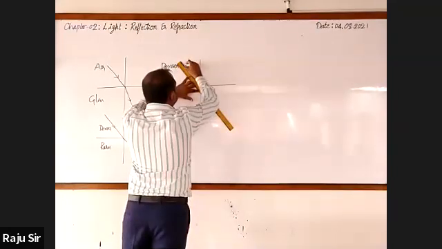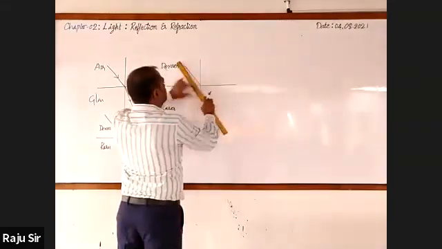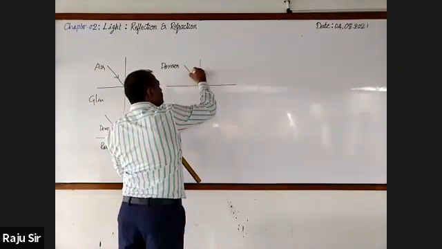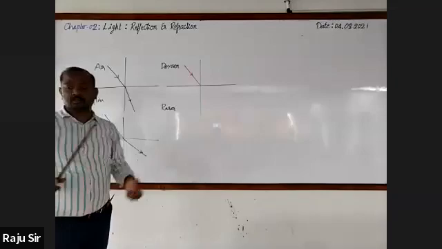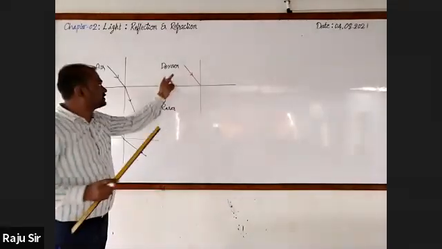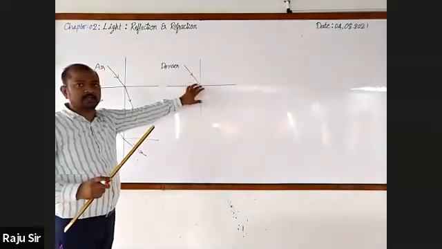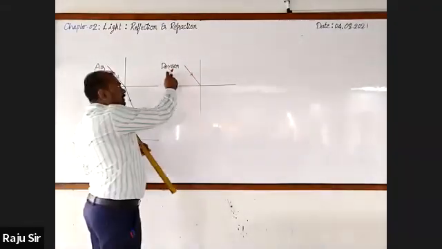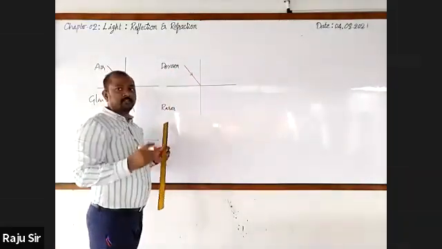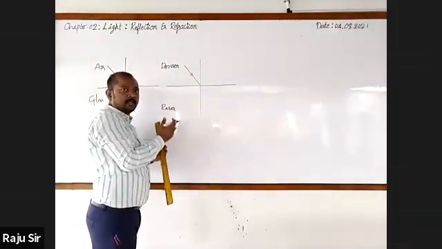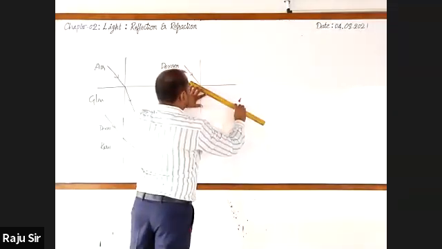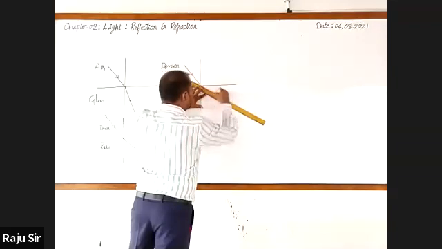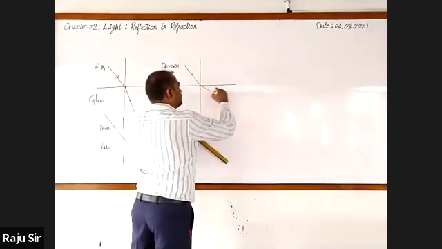This is the light ray which is incident on the surface which separates two media, that is, the layer separating denser and rarer medium. Light is traveling from denser to rarer. How does it bend? Away from the normal. This is away from the normal.